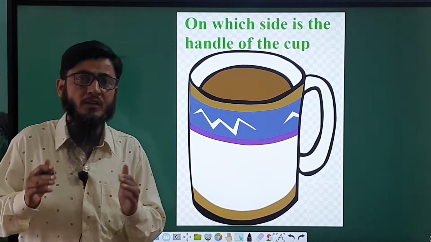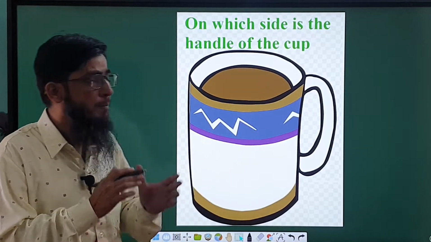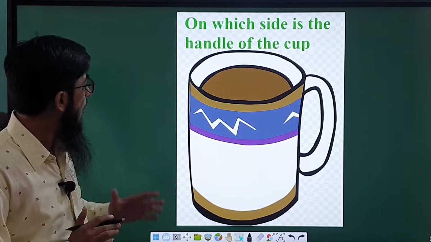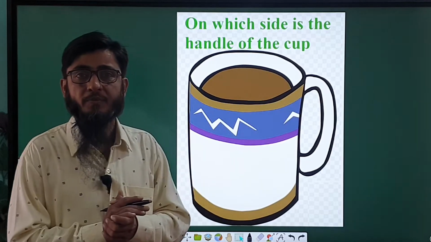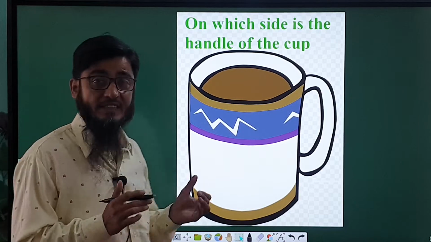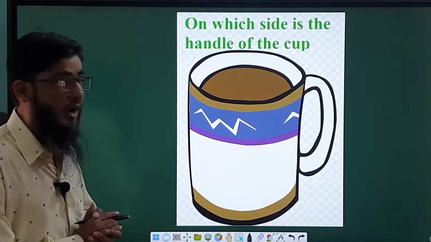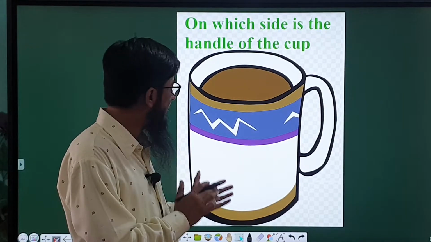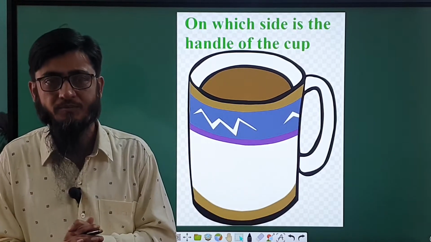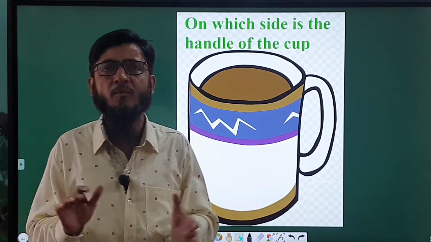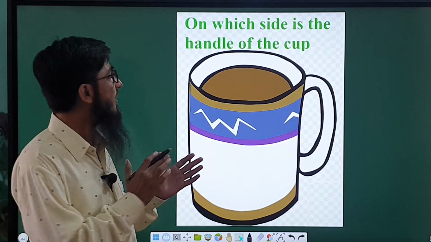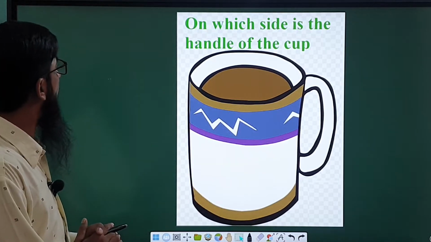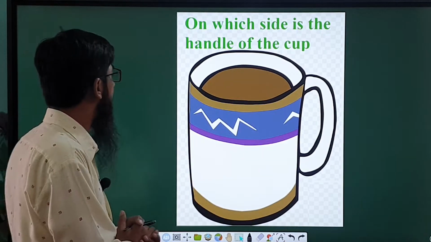Many times the students get distracted by peripheral issues like what is inside the cup? Is it coffee or is it tea? What is the color of the cup? Is the cup half filled or fully filled? Let's get away from all these distractions and try to answer the question. On which side is the handle of the cup?